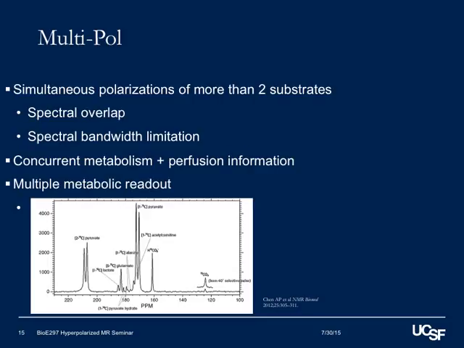As you can see, now all your signals are going to be doublets. So the C1 pyruvate is a doublet, C2 is a doublet. And so your metabolites will also end up being doublets. Not all, but lactate and alanine will be doublets. The glutamate C5 will be a singlet.